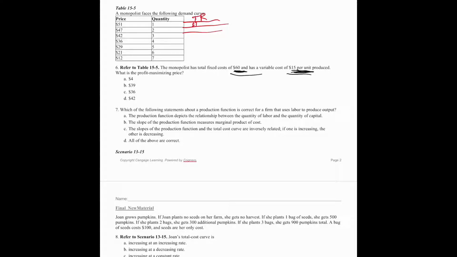The second one is going to be 47 times 2, which is going to be 94. The next one is 42 times 3, which is equal to 126. The next one is equal to 4 times 36, which is going to be 144.